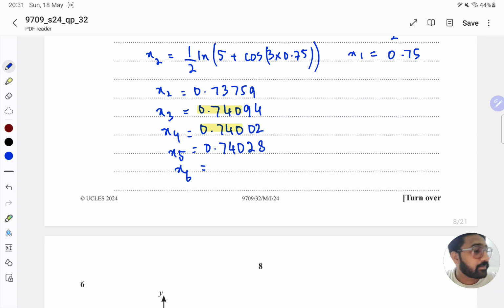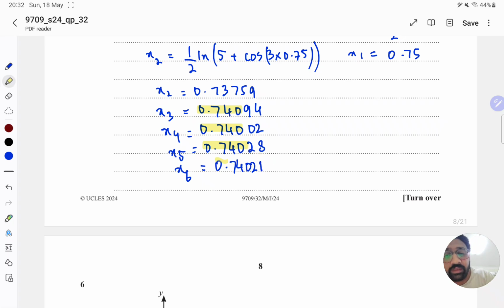So sixth, if I take another iteration, it will be 0.74209. So if you see over here, in the last two, the 3 decimal places, the answer is 0.74021.